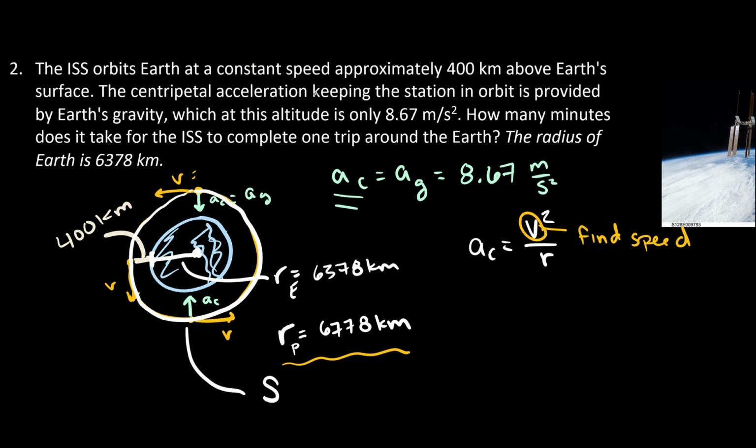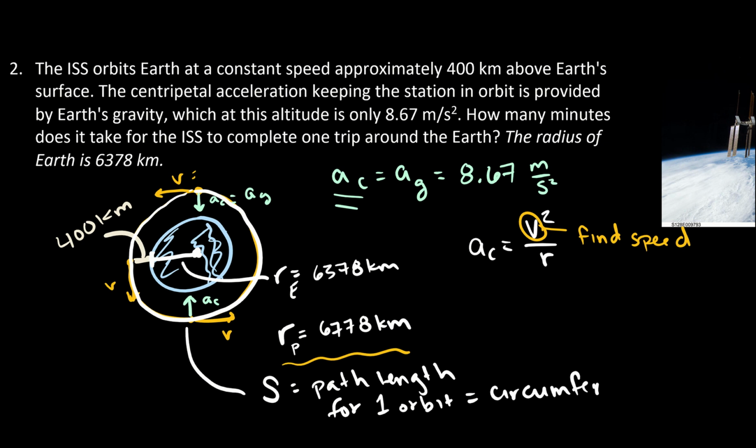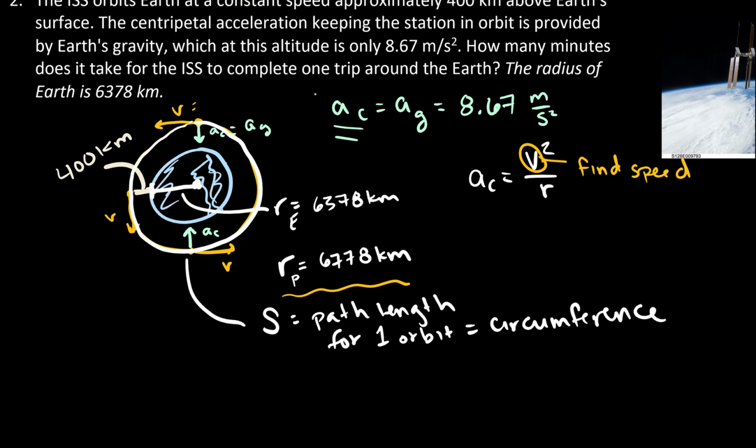So let's call this S, the path length for one orbit, which just equals the circumference. So S is going to equal 2 pi times the radius of the path.